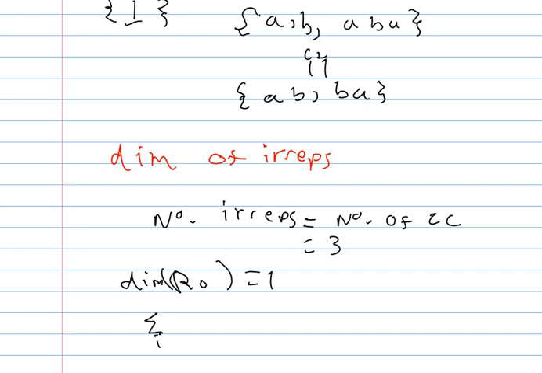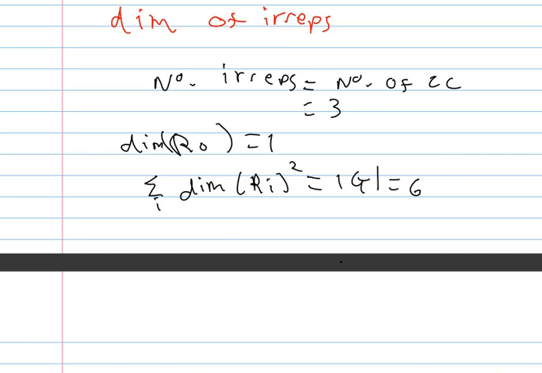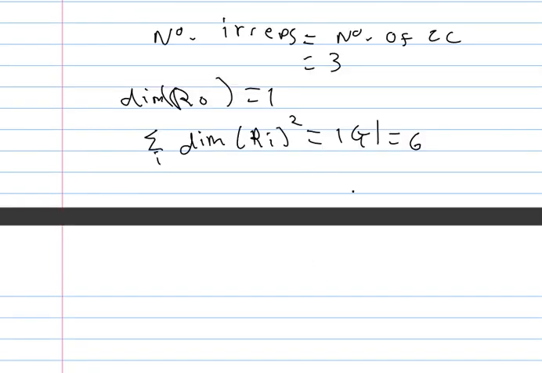And then we also have the relationship that the sum of the dimension squared must equal the order of the group, which in our case is 6, because it's called a dihedral group of order 6, even though it's denoted D3. So now we have that relationship. We know that one of these has dimension 1, so let's put summing from i equals 0 to 2.